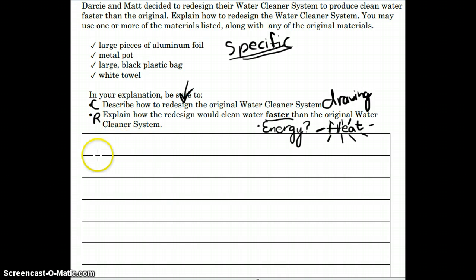So let's do this. I'm going to put aluminum foil on the top of the pot instead of regular transparent film.